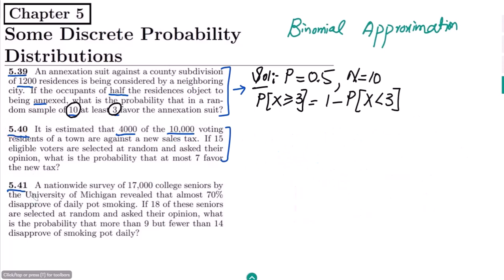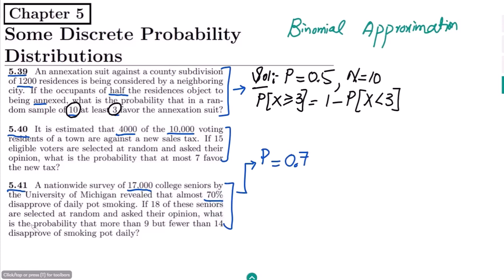In question 5.41, a nationwide survey of 17,000 college seniors by the University of Michigan revealed that almost 70% disapprove of daily pot smoking. So here the probability of disapproval of daily pot smoking is 0.7, which is visible from this 70% figure.